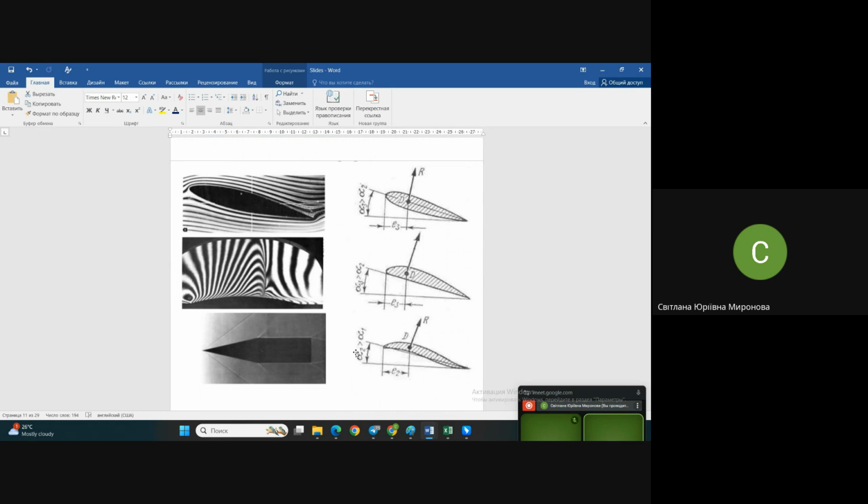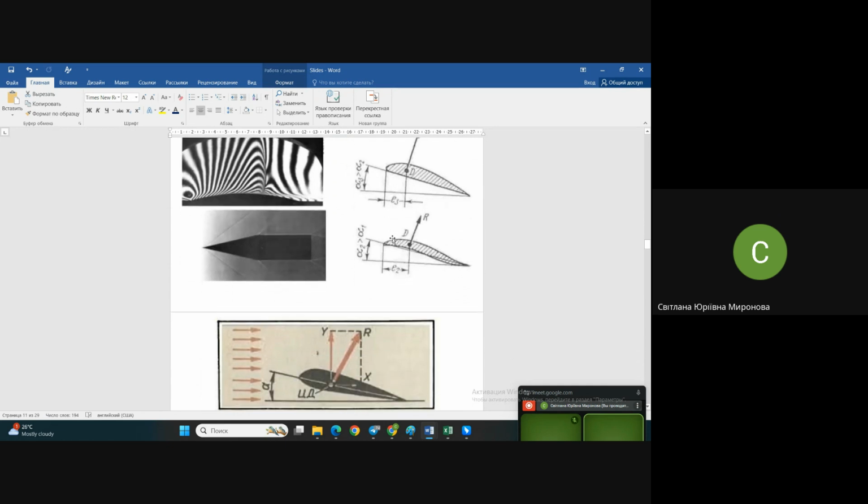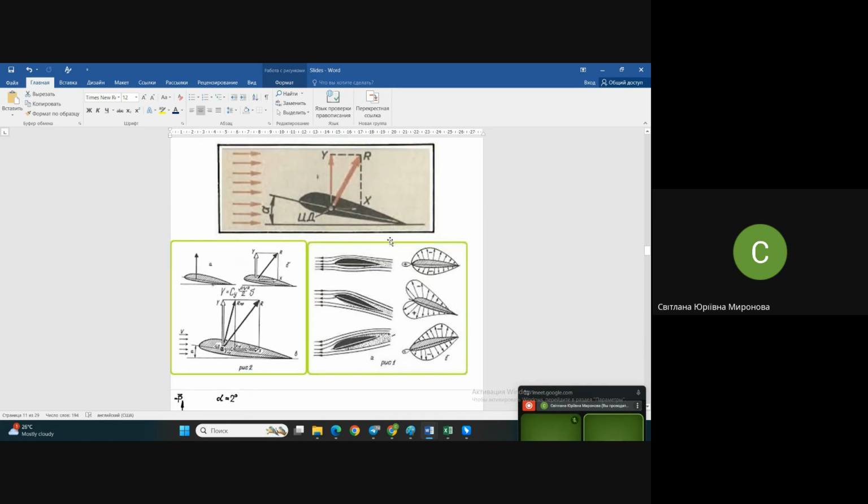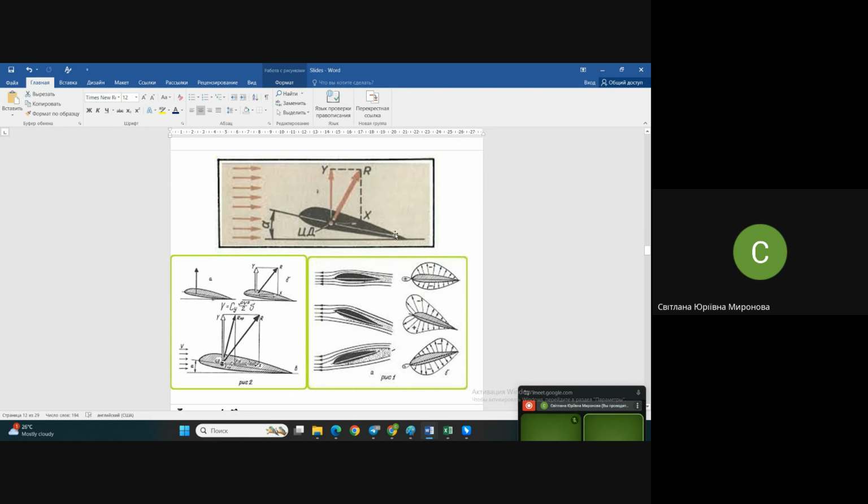And not only the value, but the angle, the deviation of this force with respect to the vertical line, with respect to the chord of the airfoil, is also different, depending on the shape, the angle of attack, and also on velocity. Now you see some pictures, illustrations to my words.